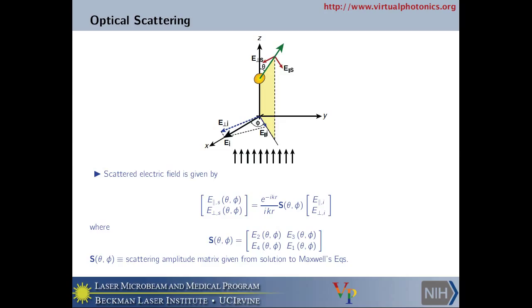So it gives you the full angular variation of the scattered wave based on the incident wave and the characteristics of the scattering amplitude matrix. The scattering amplitude matrix is dependent on the object that is scattering, okay? And this is for a general particle that doesn't have any sort of symmetry, okay? It does simplify for spherical scatterers.